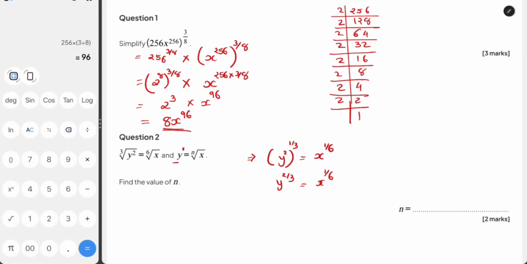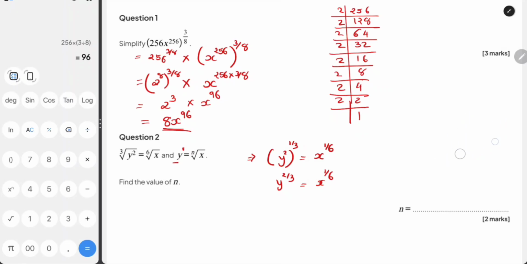You should know that if you multiply any number with its own reciprocal, you'll always get 1. For example, you multiply 2 with 1 by 2, you'll get 1. 5 by 2 multiplied by 2 by 5, you'll get 1. So if you multiply any number with its own reciprocal, you get 1.